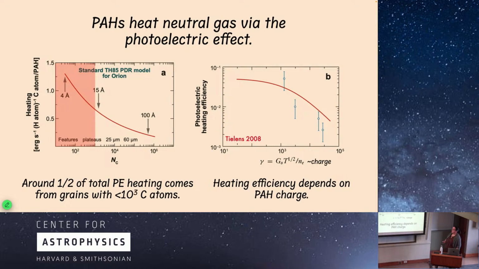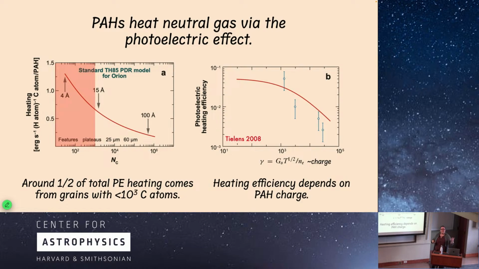They also become worse at photoelectric heating if they're charged, so the heating efficiency drops if the PAHs are charged. From this, the balance between heating and cooling is what sets the conditions for cold neutral medium and the formation of molecular hydrogen, which is where stars are going to form. So you should care about PAHs from the physics of the ISM perspective, and care especially about their charge and size distributions.